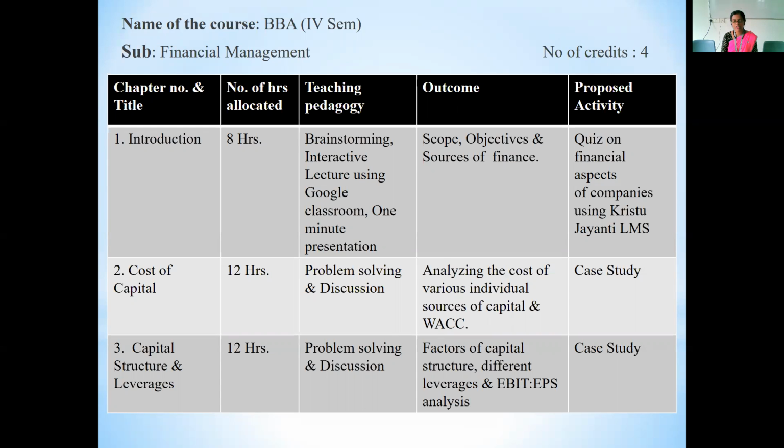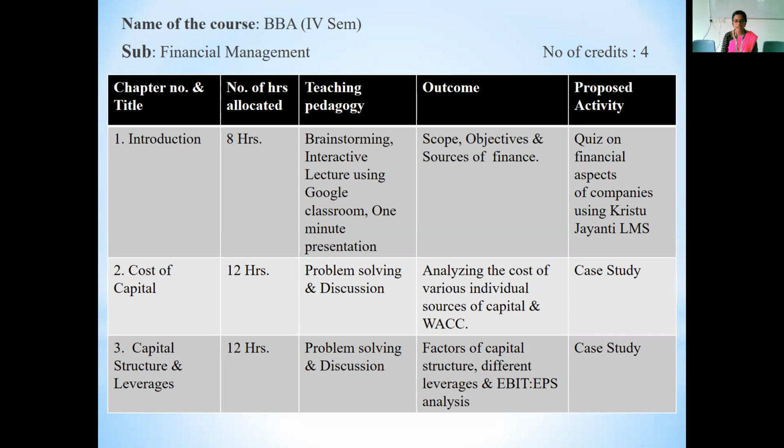For this, we will be doing an analysis called EBIT and EPS analysis to find out the appropriate mix of capital structure that is required for a particular organization to be raised from the different sources of financing. Apart from this, we will also be calculating the leverages that are required to find out the appropriate mix of the capital that is required.